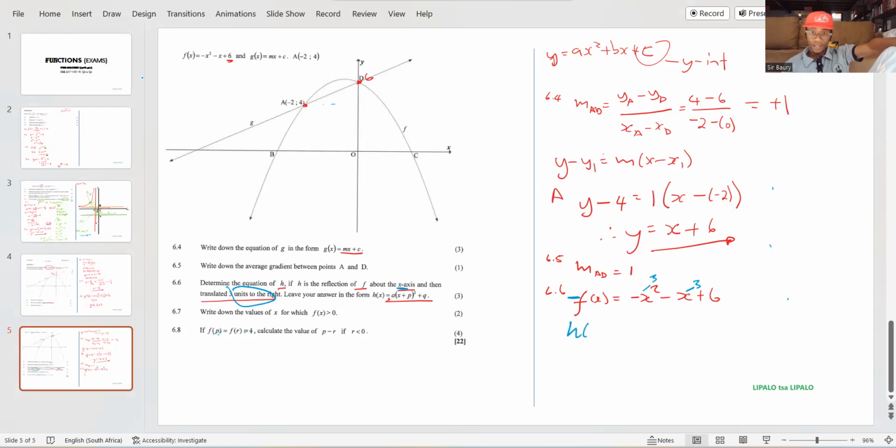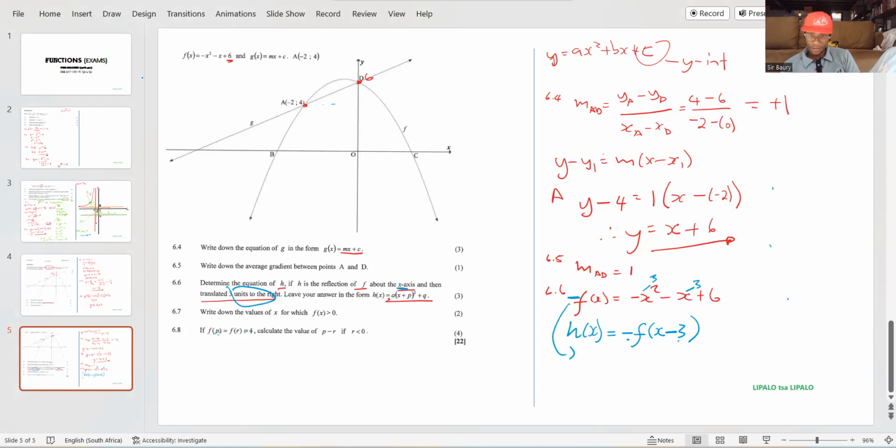So h of x, right, it's going to be equal to negative f of x, right, minus 3. That's what's happening there. So it's reflected along the x-axis here, then it's moved 3 units to the right.